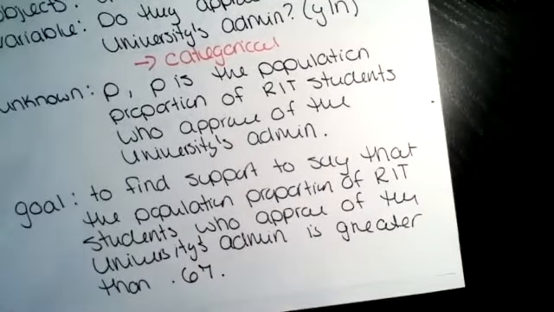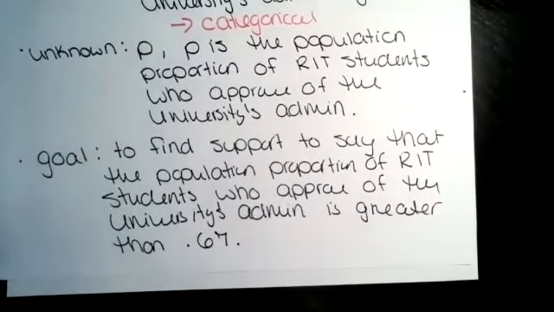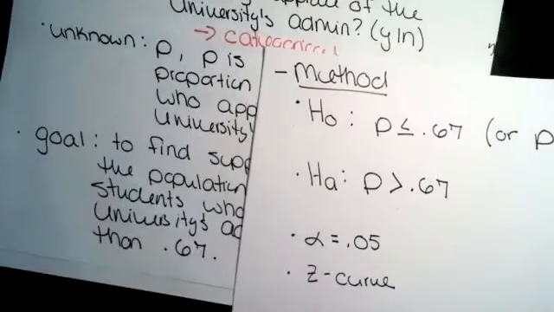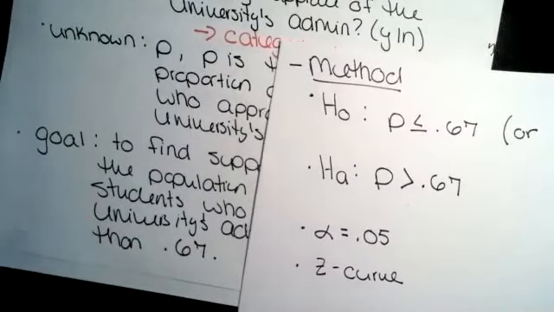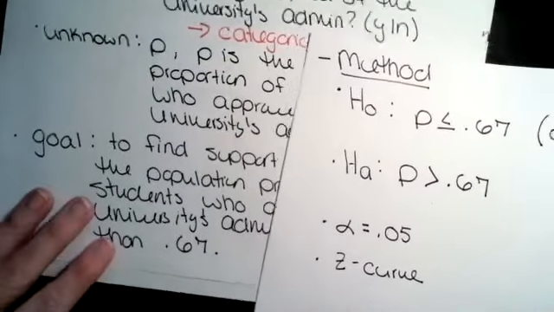You can even write 67% if you want right there. It doesn't matter. I just normally stick to the same thing because then it's just simple. I'm not switching back and forth. Not that it's hard to switch back and forth, 0.67, 67%, but it's like less mistakes, right?